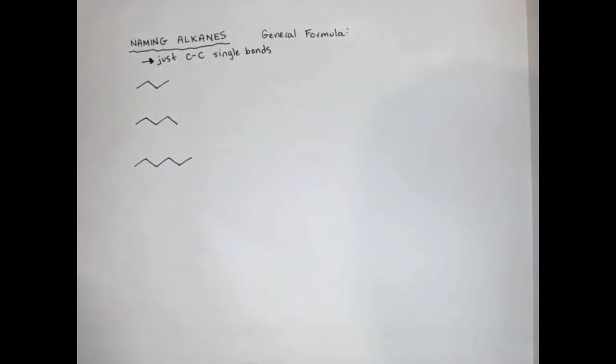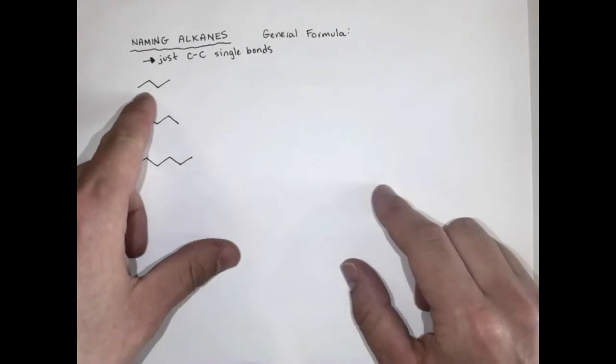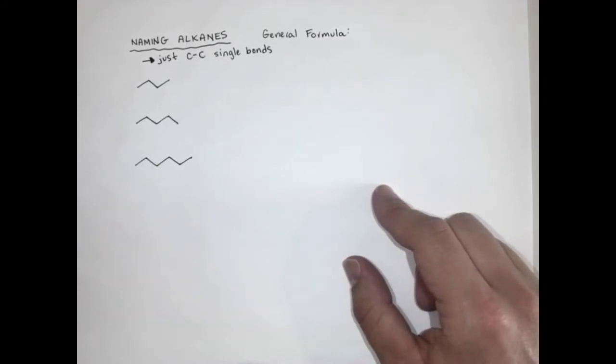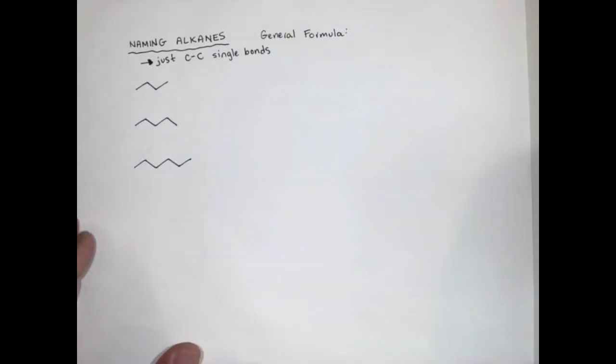When we name them, what we need to do is first look at the longest continuous chain of carbon atoms. What's the longest continuous chain of carbon atoms? These are all pretty straightforward ones. I'm going to complicate things in a few minutes by adding some branches, but in these ones, you just need to count how many carbons there are in the chain.